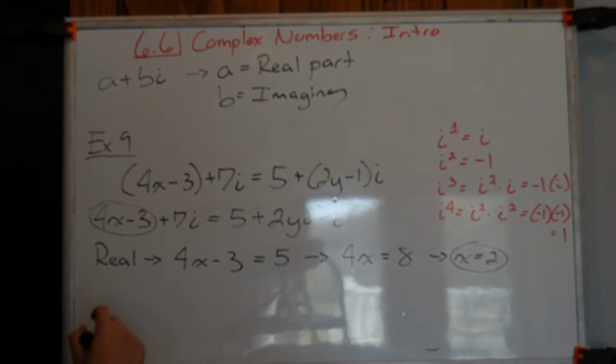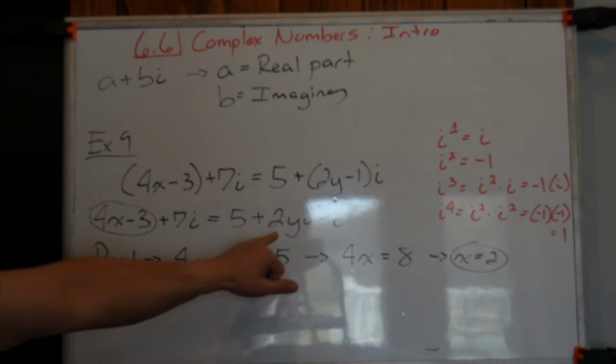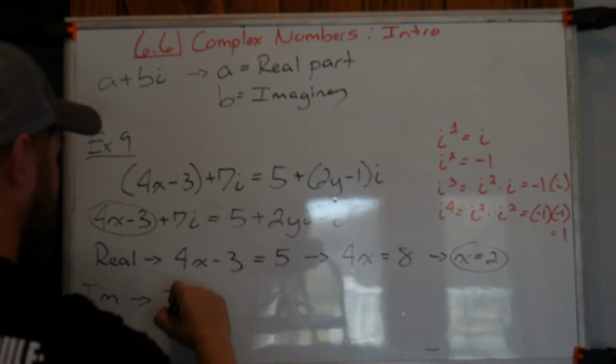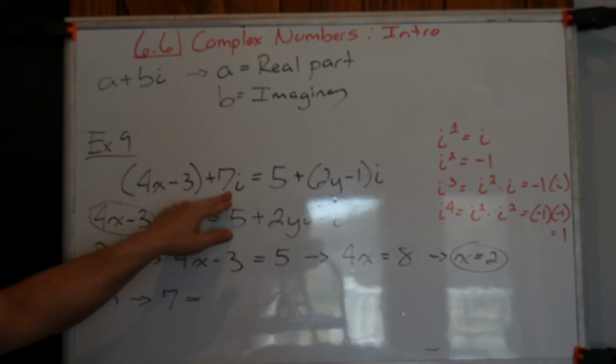Now my imaginary part, now I'm going to write it without the i's. My imaginary part is, basically think of it, I guess I didn't have to distribute, I think the book did though. Think of it as 2y minus 1 and 7i. I have 7i. That's my imaginary part.